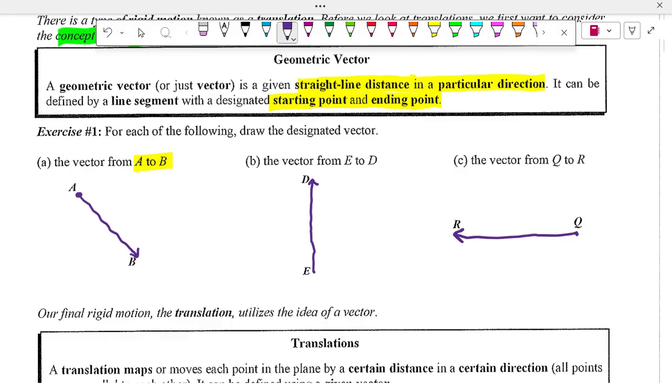Rise over run. Isn't that direction? Isn't that kind of translation? You're going up and over or down and over. There you have it. So, why are vectors important? Vectors actually show the slope at which a figure is traveling. So the slope of each of these vectors is actually the rule for translating.